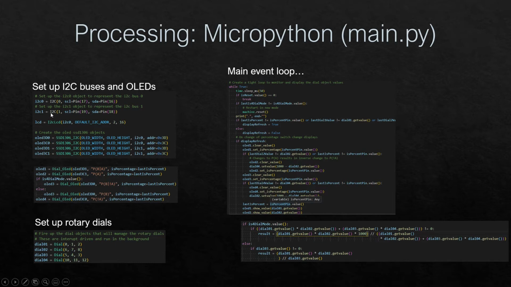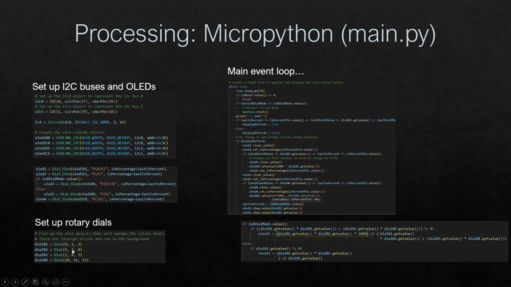It runs through, sets up the I2C buses, which control the OLEDs and the LED, sets up the LCD, sets up the OLED objects, and also sets up the enhanced version of the OLED objects, where I take the OLED object and then add my certain functionality for displaying things on the screen. Sort of wraps up the basic SSD1306 code.